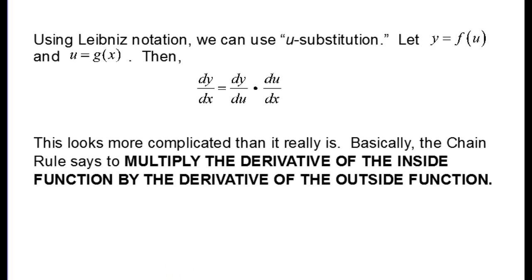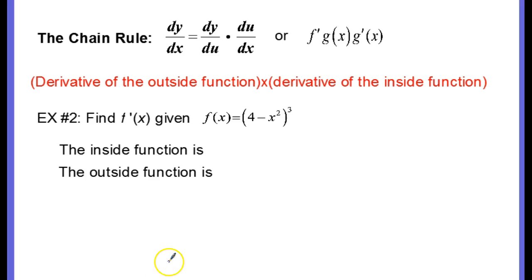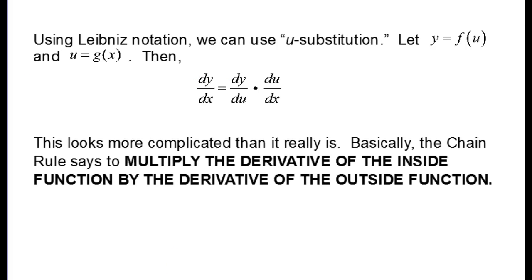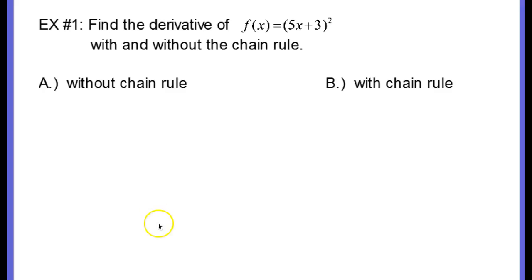So let's skip ahead and take a look at our first example. Here we're going to be taking the derivative of f of x equals 5x plus 3 quantity squared. Now, in the past, we've done derivatives like this. In fact, we can do this without the chain rule. Let's take a look.